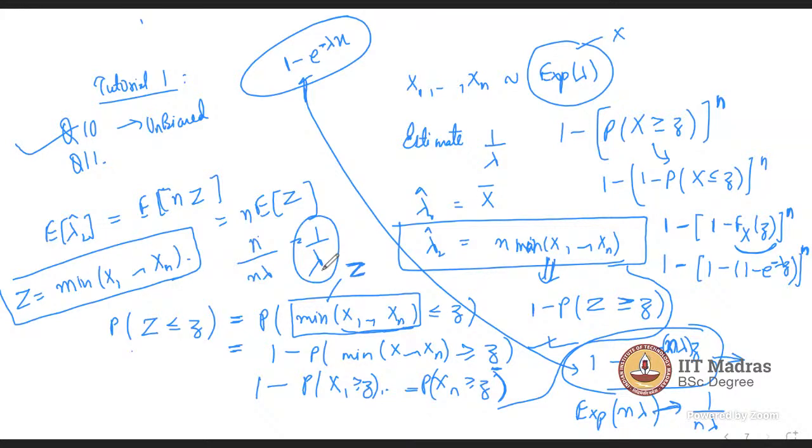So the expectation of lambda 2 hat is coming out to 1 upon lambda, and our original parameter was again 1 upon lambda. So again, it is going to be unbiased. Right? Okay.